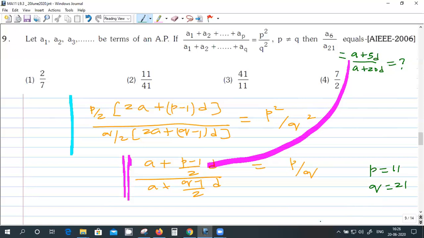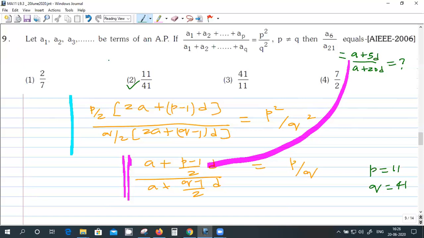No, Q is 41, right? So it's 11 by 41. So answer is 2. Is it clear?